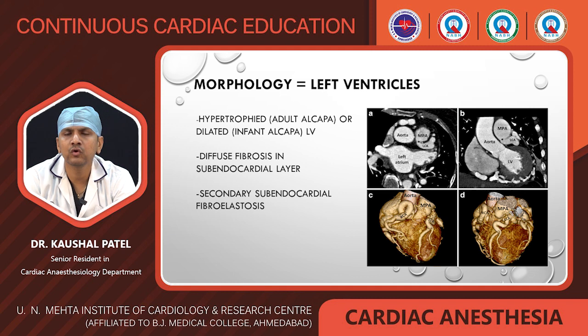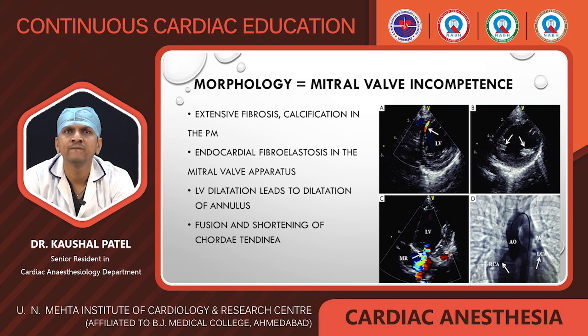Due to the chronic myocardial ischemia, there is diffuse fibrosis in the subendocardial layer, and a secondary subendocardial fibroelastosis is also present, which can give rise to arrhythmia in the later stage of life, and the patient may present with sudden cardiac death due to the subendocardial fibroelastosis. Now coming to the morphology of the mitral valve, mainly due to the dilated cardiomyopathy, the annulus is dilated, which can cause mitral valve incompetence and mitral regurgitation.